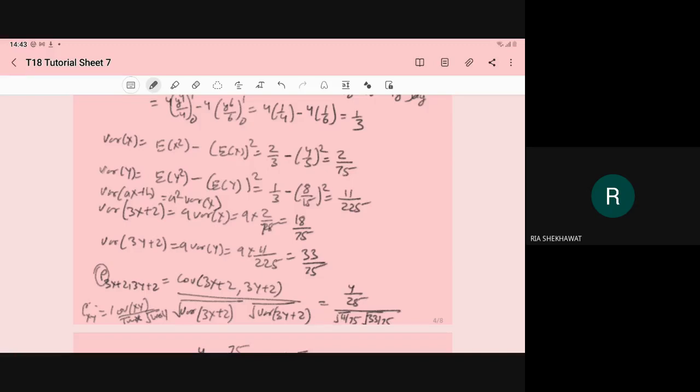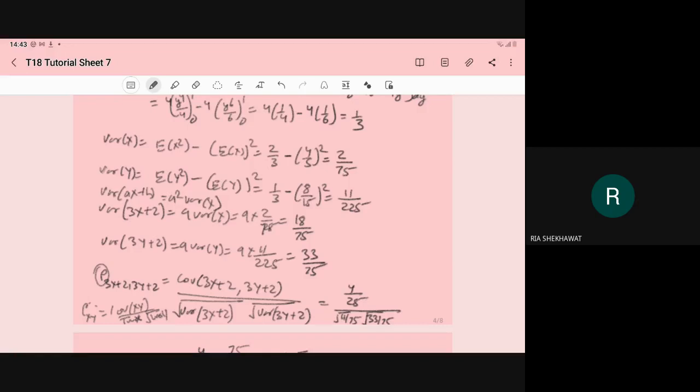Now if you have to compute the correlation coefficient of 3x plus 2 and 3y plus 2, it will become the covariance upon the root of the variance of the first into the root of the variance of the second, right? Or you can say the covariance between x and y divided by the standard deviation of x into the standard deviation of y.